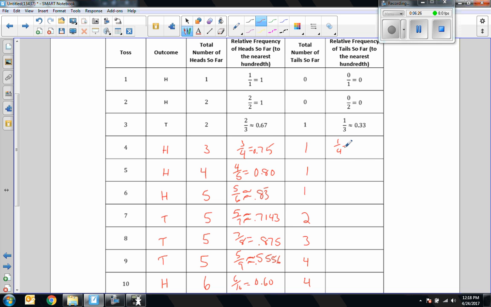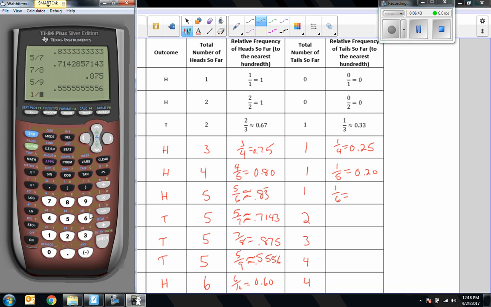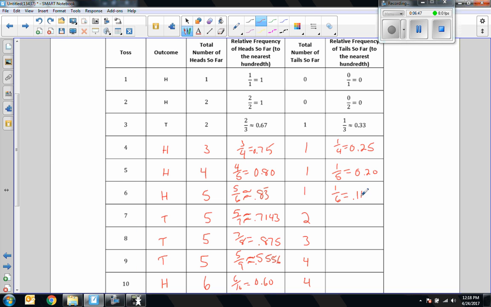1 out of 4 equals 0.25. 1 out of 5 equals 0.20. 1 out of 6 equals 0.16 repeating. Okay, and I'm going to be picky about that.